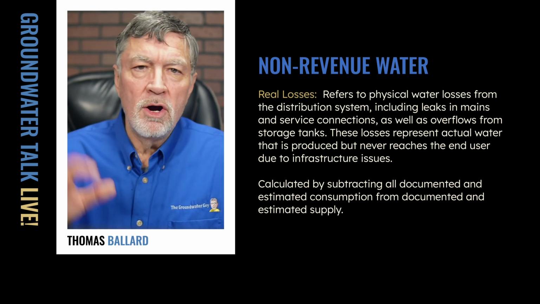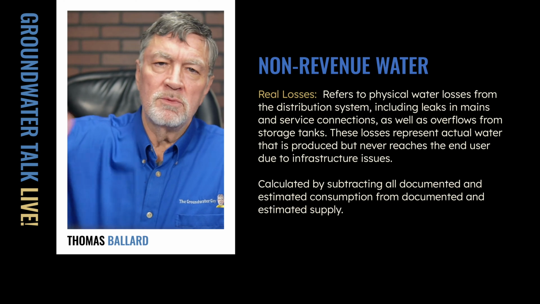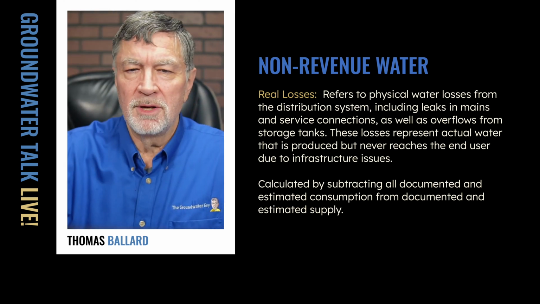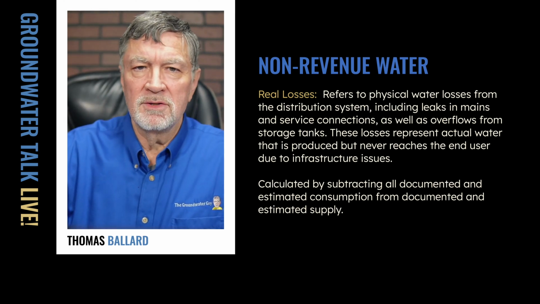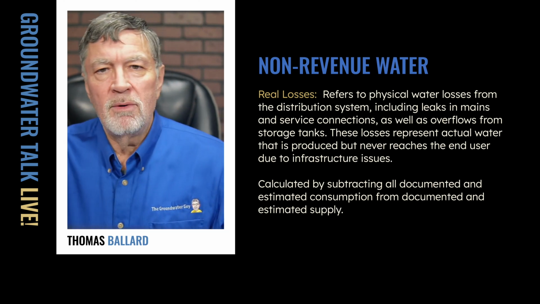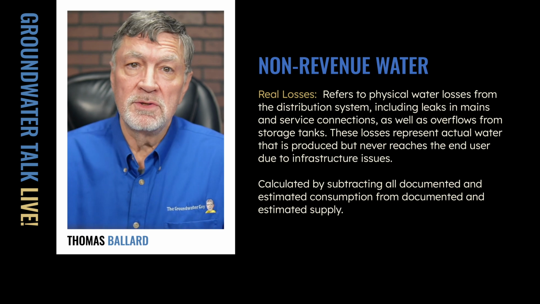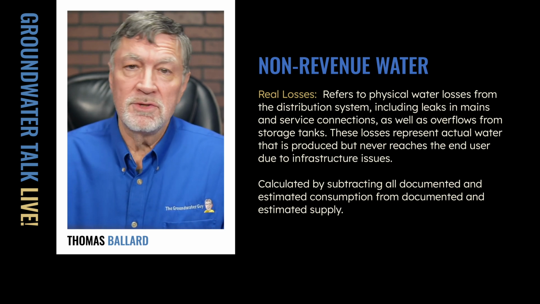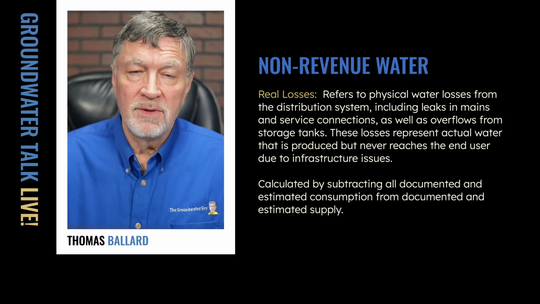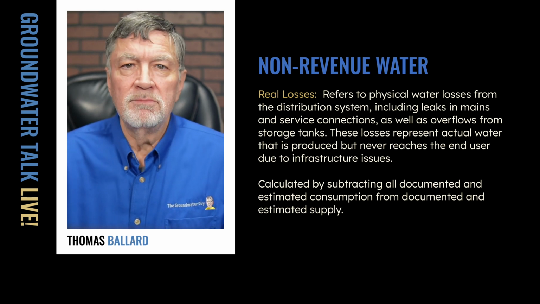So we know what our consumption is, we know what our supply is, we subtract consumption from supply. Now we end up with real losses or unaccounted-for losses that are neither authorized nor accounted for, and so that's documented in our system.